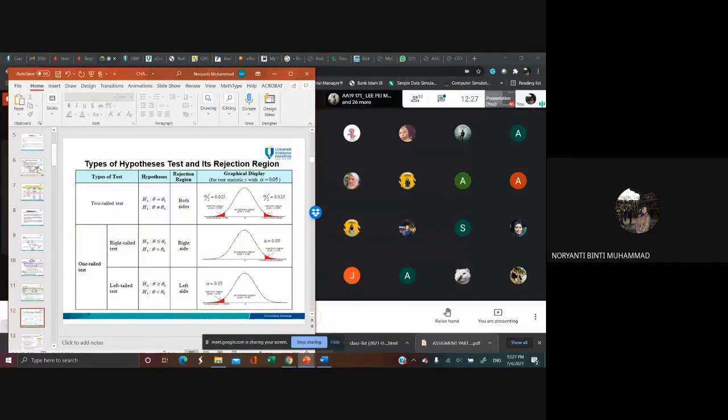So this is what I mentioned just now. This is two tail. Why do you say it's two tail? Because you have this not equal. So you have a left side and a right side, so alpha should be divided by 2. When alpha is divided by 2, look at the table. What is the value?